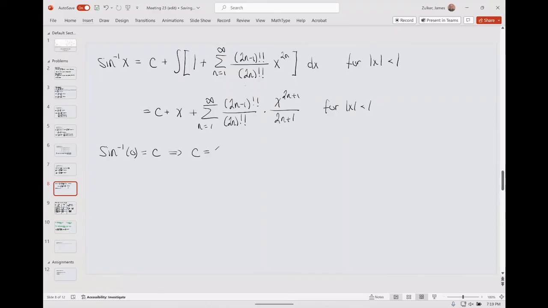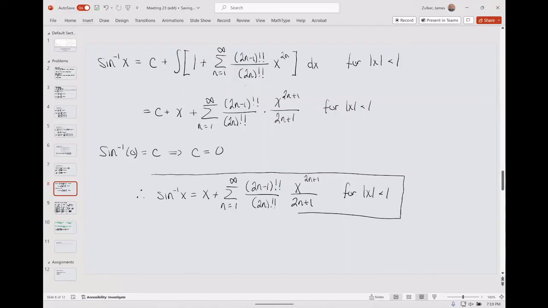Zero. There's our expansion for inverse sine of x.